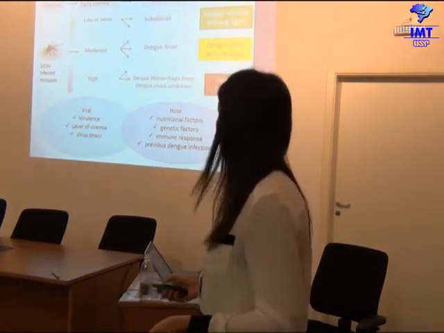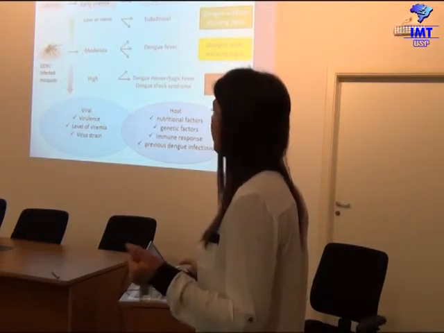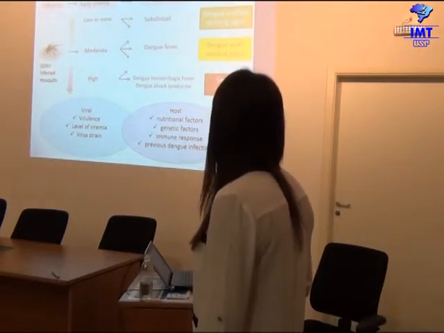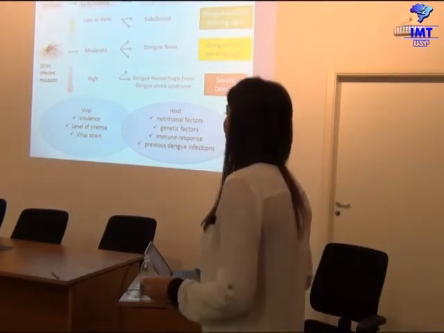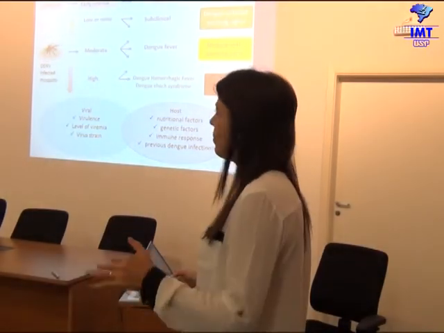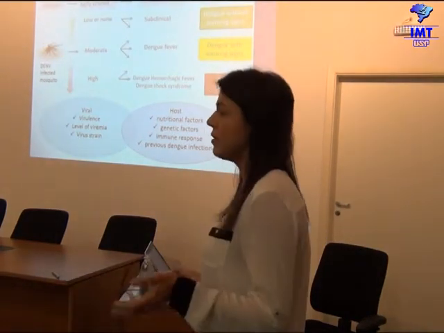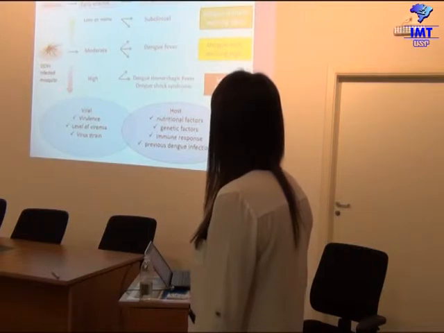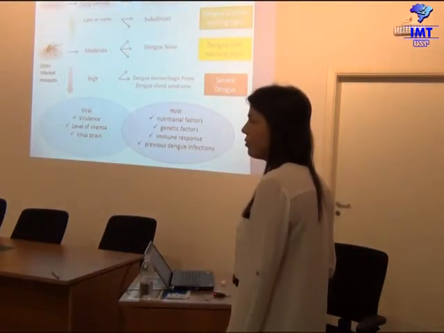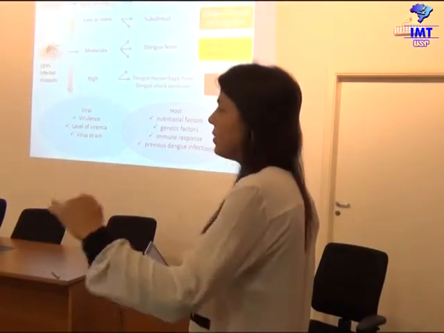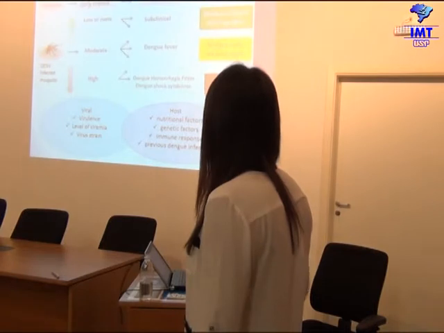Dengue is a mosquito-borne viral infection, and after being bitten by an infected mosquito, individuals may present subclinical infections or present a range of symptoms with different degrees of severity, and depending on many factors such as viral and host factors, the clinical presentation of the disease can vary.